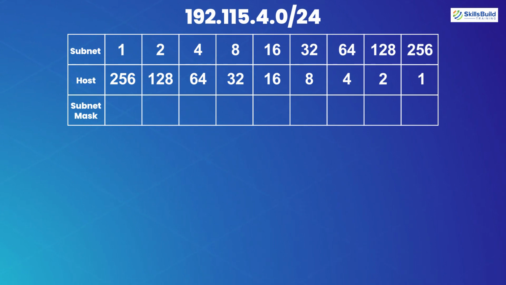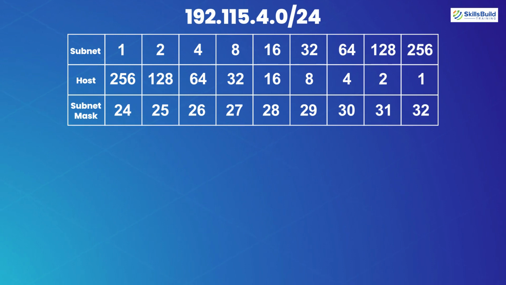It also confirms here that if we have one subnet, we will have 256 hosts in it. And let's say we have 256 subnets, it shows here that we will have only one host in each subnet. And the last part is the subnet mask. It starts from 24 and goes up to 32.